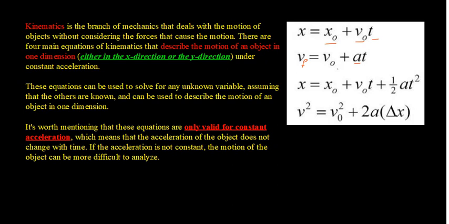Now, something really important to remember is that these equations are only valid when the object is not just moving in one dimension, but is under a constant acceleration, which means the acceleration of the object does not change with time.